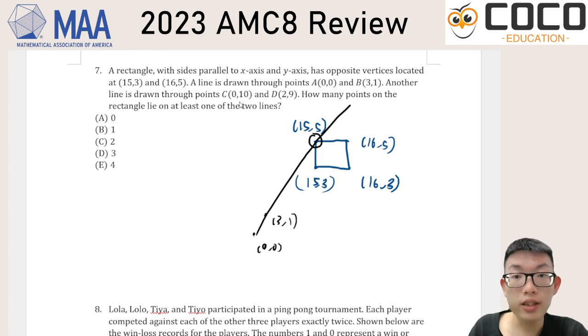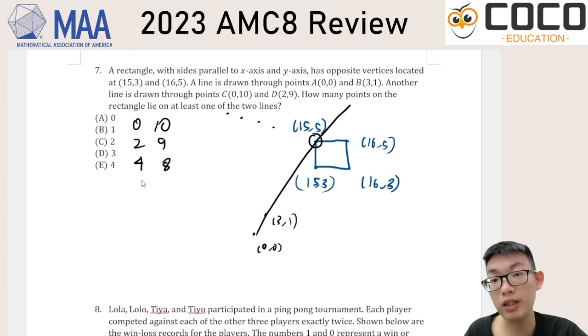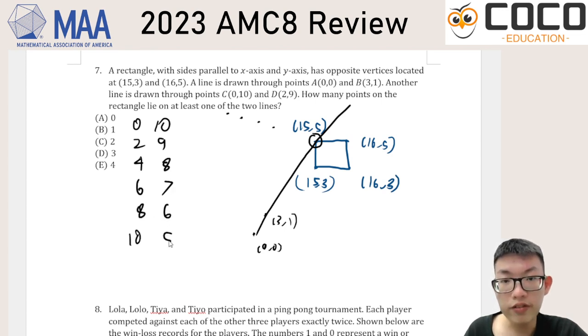Now the other one starts at 0, 10 and then 2, 9. So I'm not going to put the points down too carefully. I'll just put it something like that. It basically goes 0, 10, 2, 9, and then each time the x coordinate goes up by 2, the y coordinate goes down by 1. So it goes 10, 5, 12, 4, 14, 3.